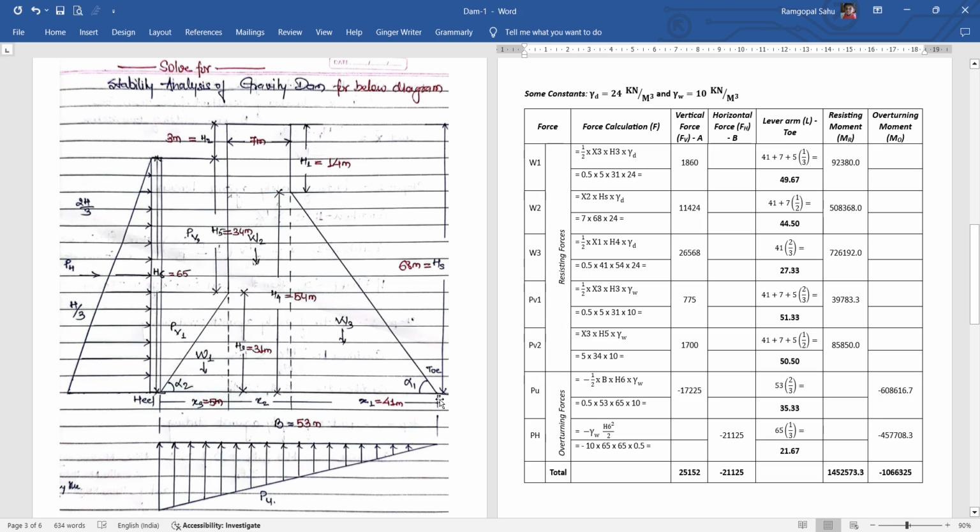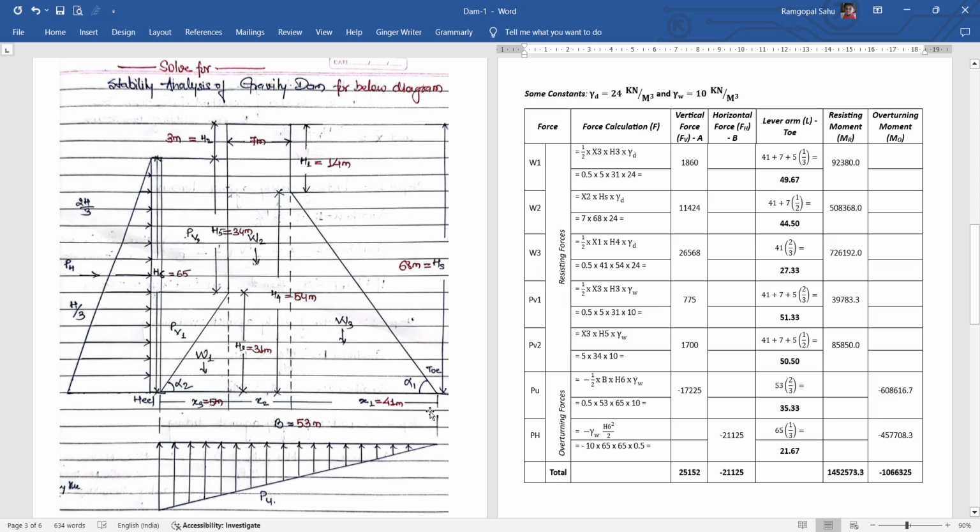So from toe, the resultant force acting on the W1 section will be x1 plus x2, and in this triangle shape, the CG is lying at a distance of 1 by 3 of the base. So 41 plus 7 plus 5 by 3. So you can see 41 plus 7 plus 5 into 1 by 3. We get this value.